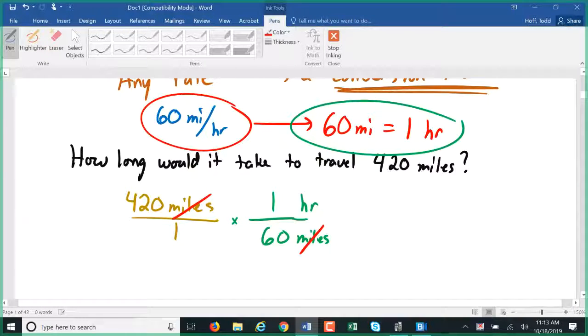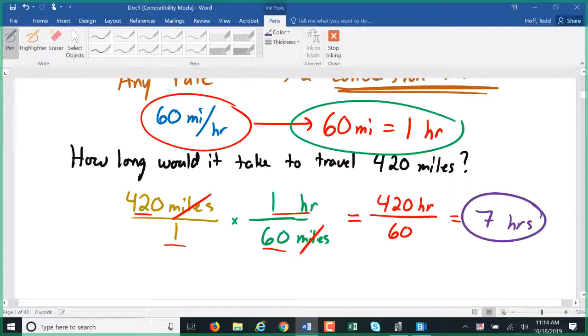Miles cancel out. 420 times 1 hour is 420 hours over 1 times 60 is 60. 420 hours divided by 60 is 7 hours. I didn't need to memorize a formula. I used the units to tell me what calculations had to be done.